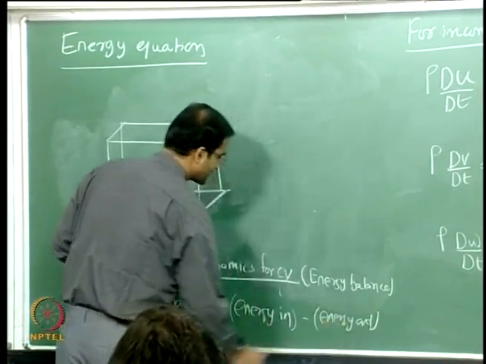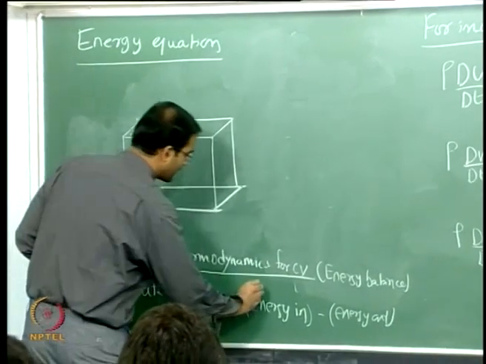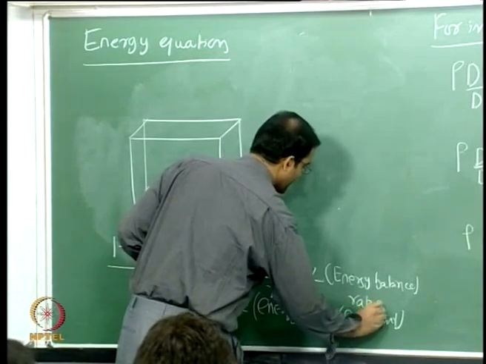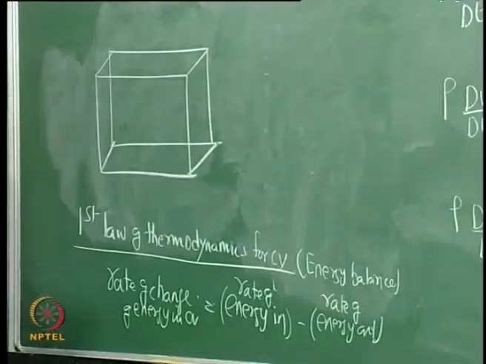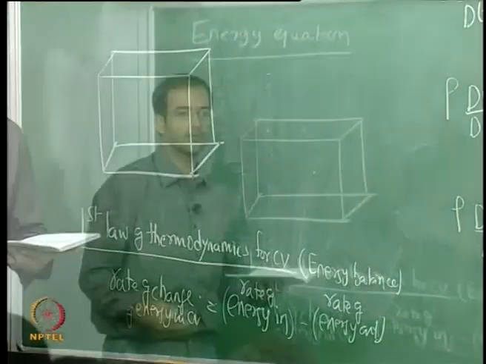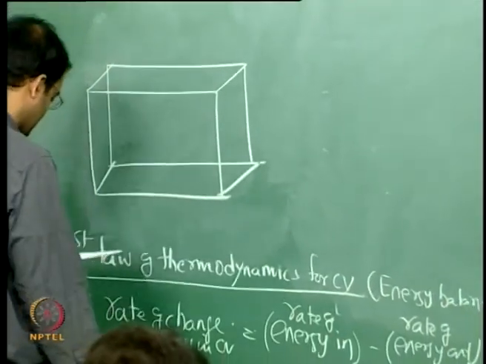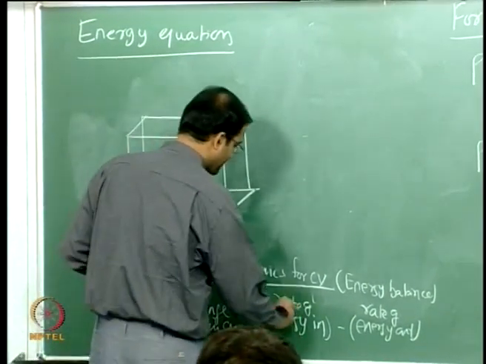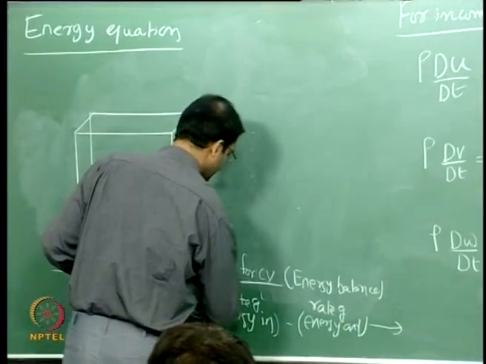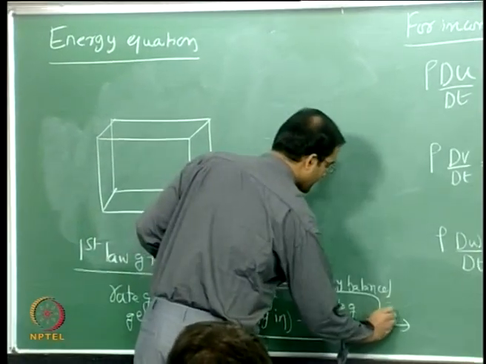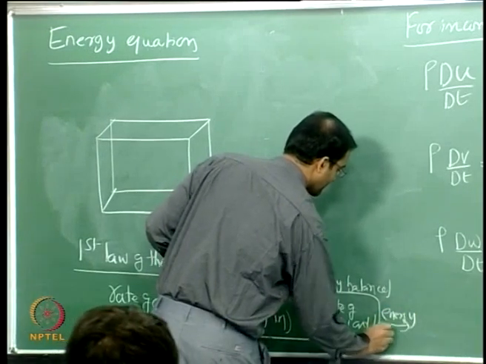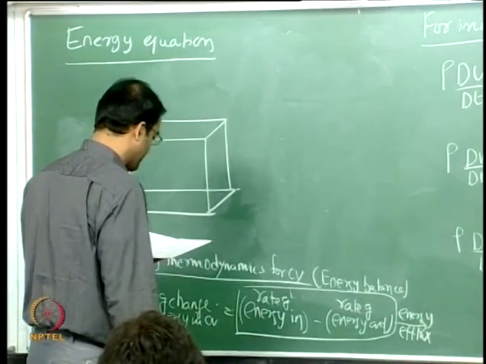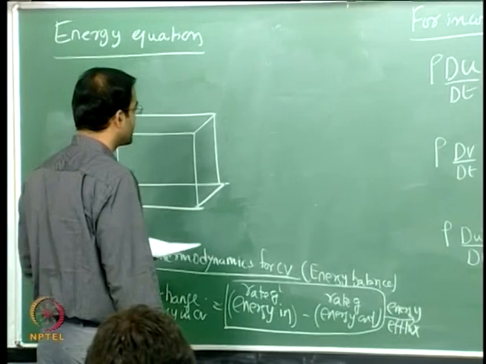This is represented in rate terms, so I should say rate of energy, which is instantaneous. So per time, in a given time, the energy which is crossing the control volume boundaries is nothing but the efflux of energy, totally. So this is your energy efflux. Now this efflux of energy has the following components.